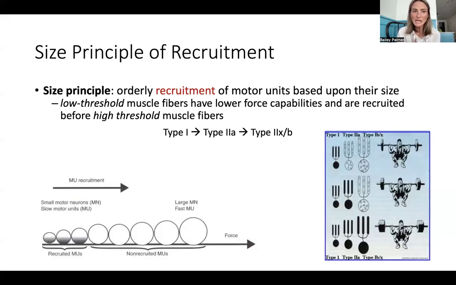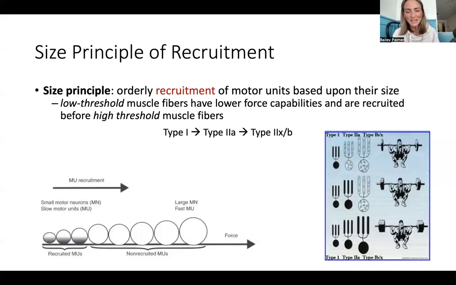Basically, we don't have to do a lot of strenuous activity, produce a lot of force, or do anything very intense for those motor units to be recruited. Low threshold, you can think of the resting membrane potential, that -70, and then you think of that threshold level, which is usually about -55. Those low threshold motor units, those type 1s, usually exist around that -55 or so.